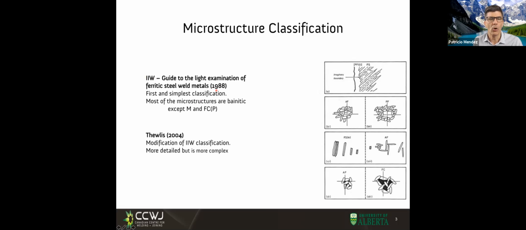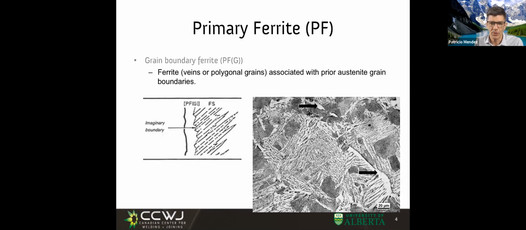And it's relatively old, and there have been some updates, but actually, I think the updates make things more difficult with little gain. So let's see what microstructures we discussed in the previous slide, and what they look like in a photo. So here we go.